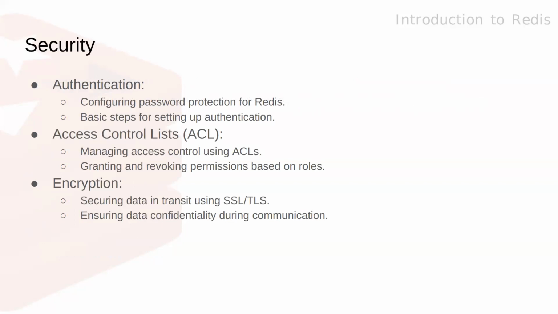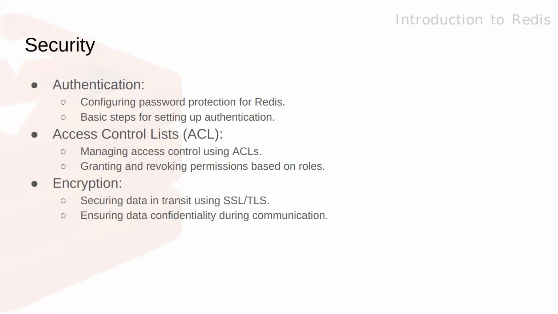And security. On the security side, when we are installing Redis, we can set the authentication for Redis so that it would not be publicly accessible. So we can set a password, and with that password only, we can access the data. And in Redis, we have the option of access control list, ACL.